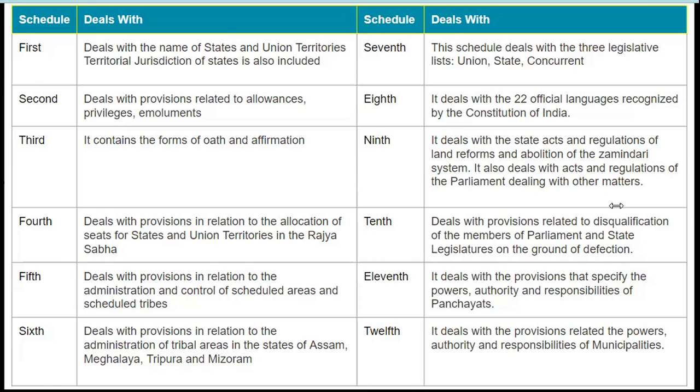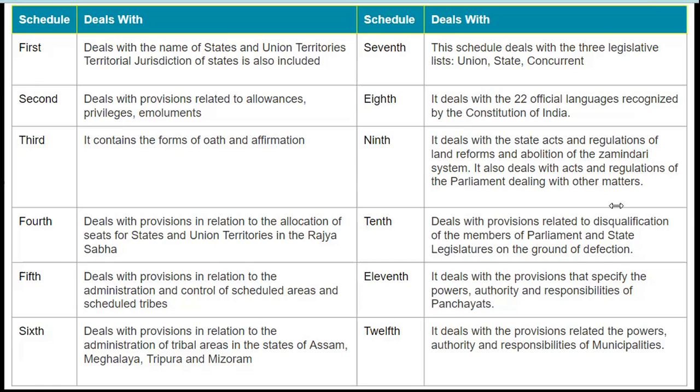The fourth schedule deals with provisions in relation to the allocation of seats for states and union territories in the Rajya Sabha, right? So the fifth schedule deals with provisions in relation to the administration and control of scheduled areas and scheduled tribes, right?